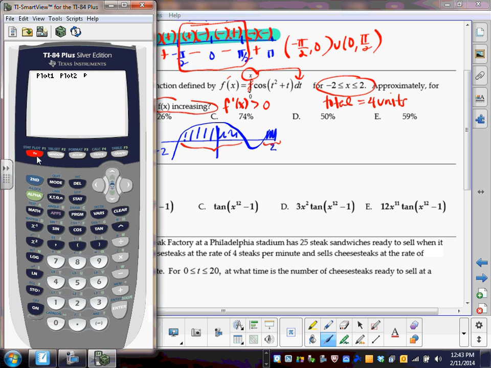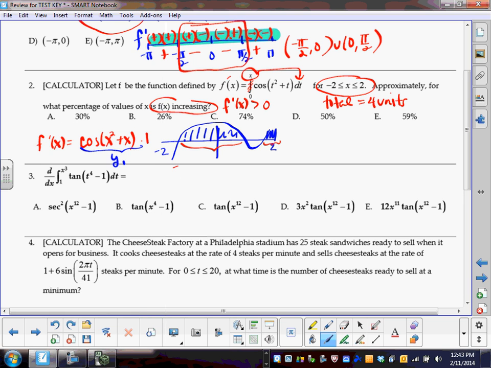I have y equals 0 in my y2 so that I can intersect. So enter, enter. I want to find first the value over here at about negative, let's say 1.7, because we know that -2 is the left side. So it'll find that value, negative 1.849.